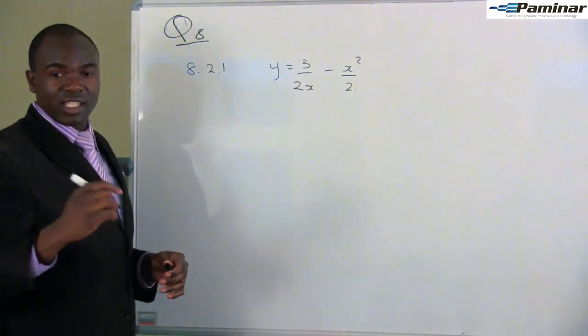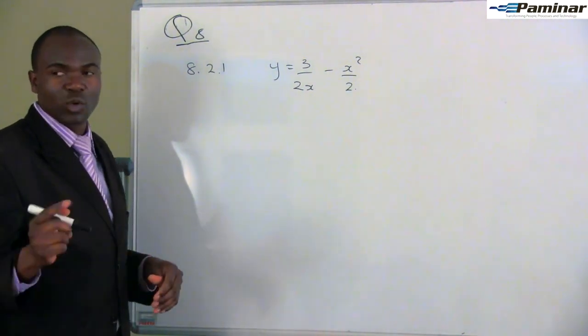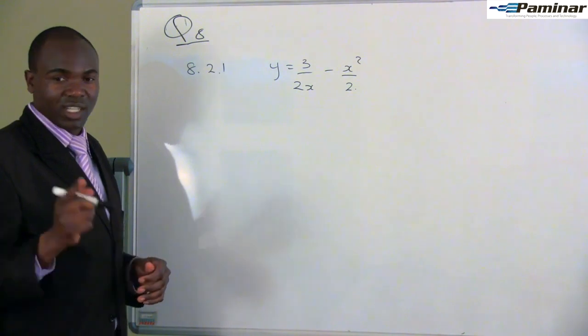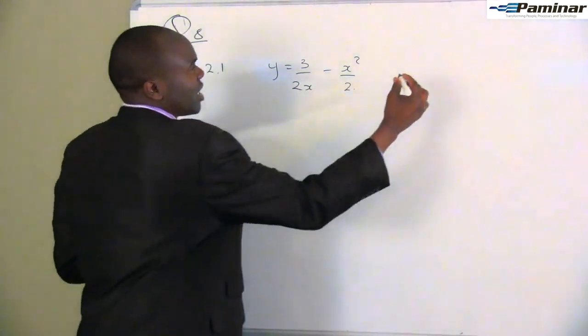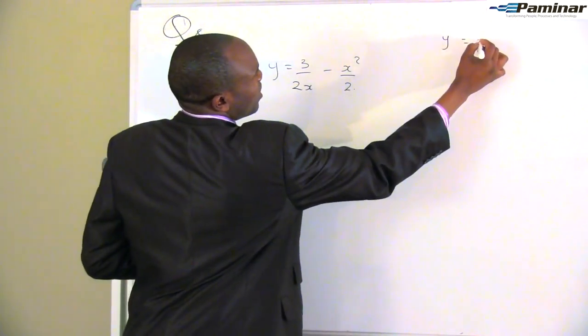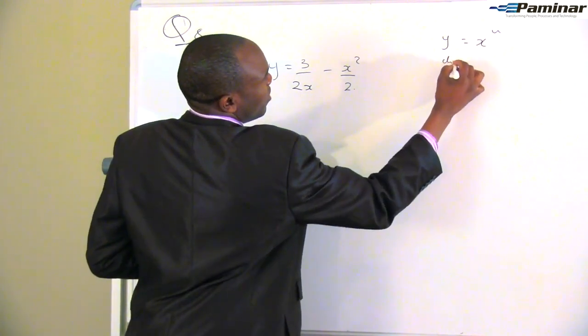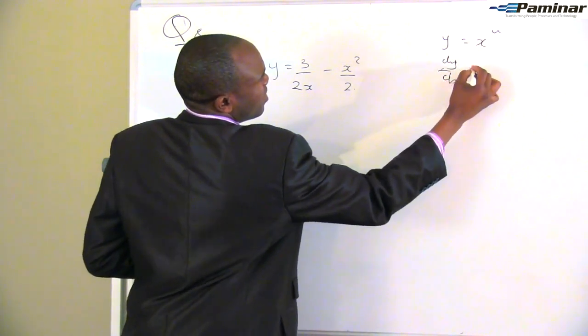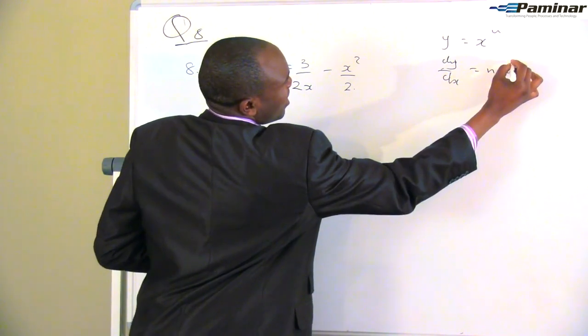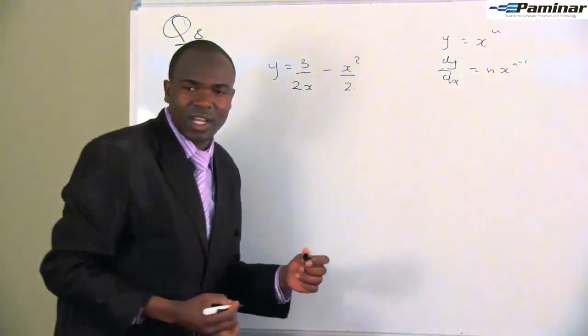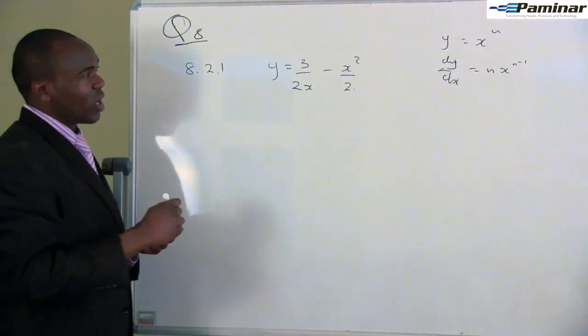Now this is where you use the rules of derivatives. That rule which says if y is x to the power n, then dy over dx is nx to the power n minus 1. Alright? So now we want to apply that.